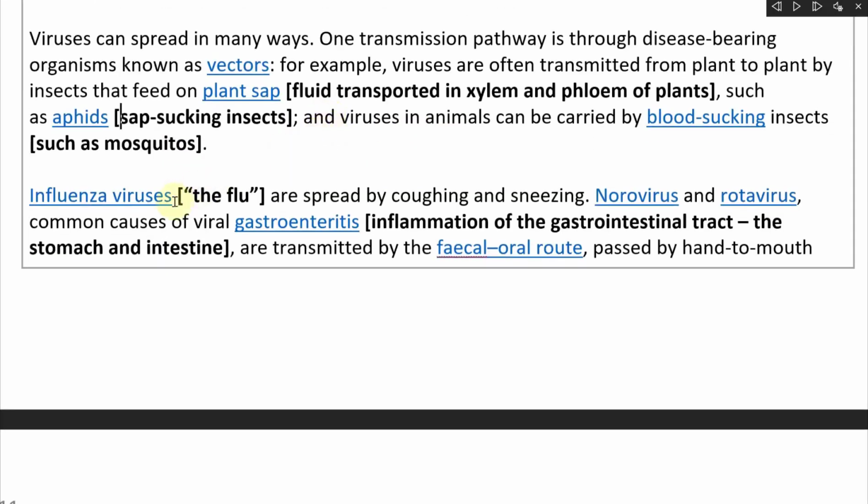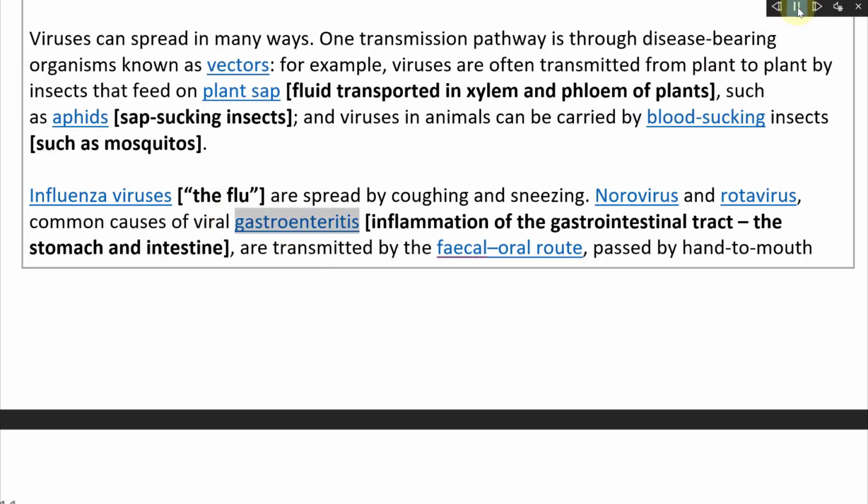Right, continue further. So influenza viruses, the flu, are spread by coughing and sneezing. And norovirus and rotavirus are common causes of viral gastroenteritis. Let's see the pronunciation here.